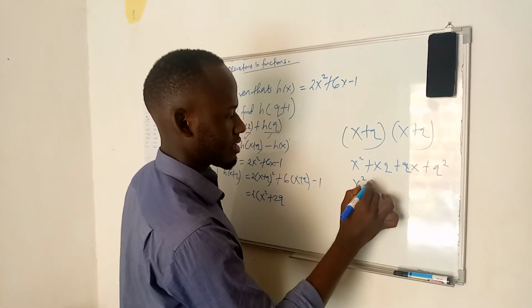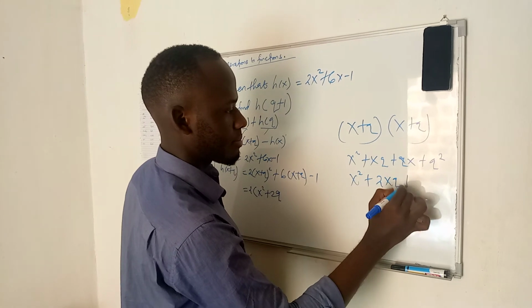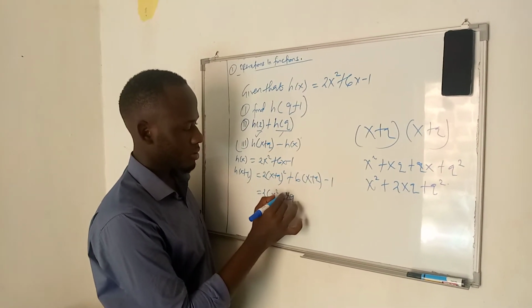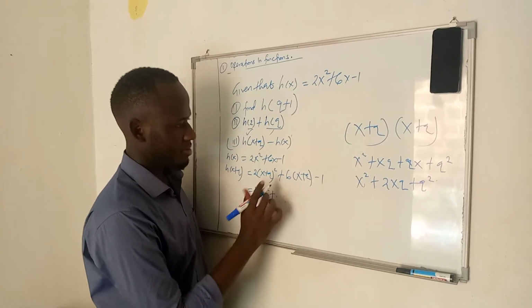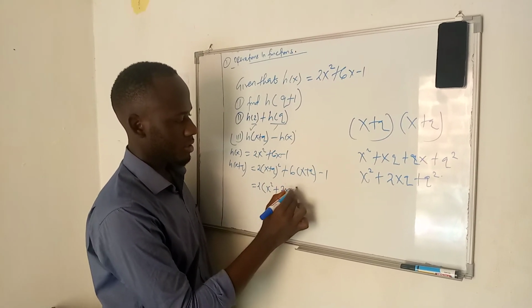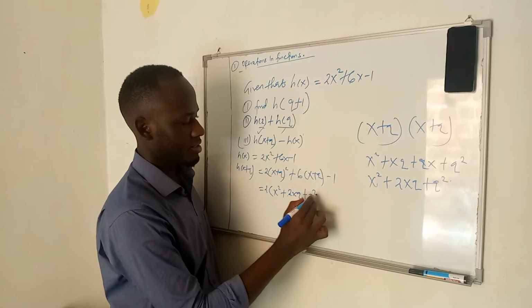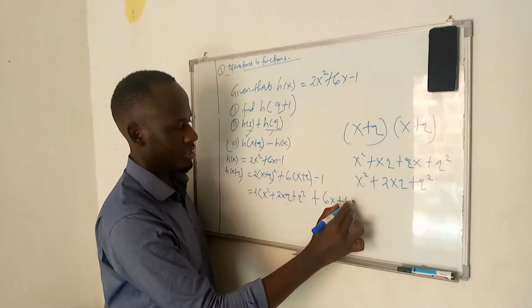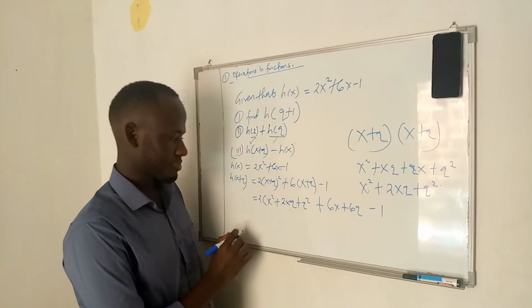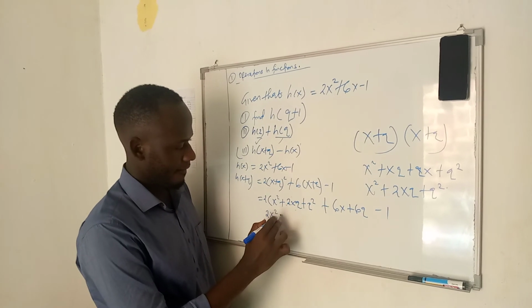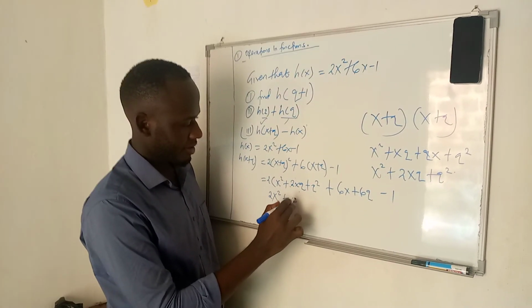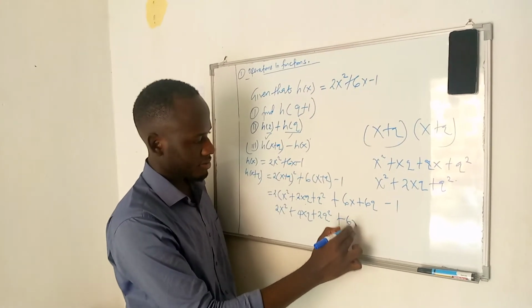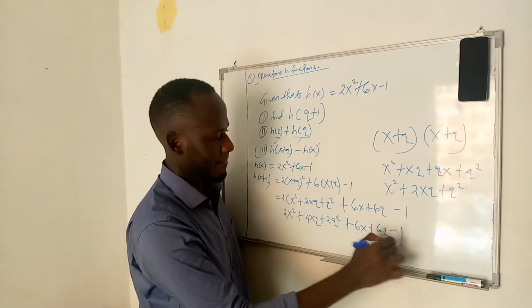So this gives us 2 into x squared plus 2xq plus q squared, plus 6x plus 6q, then minus 1.